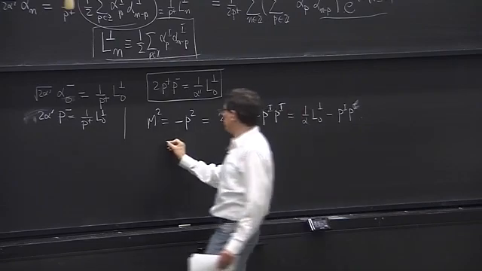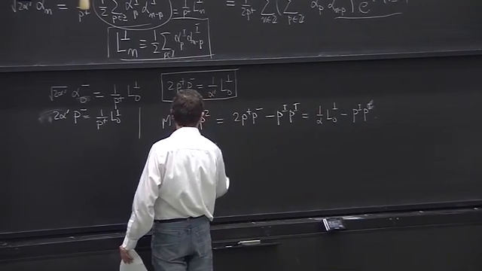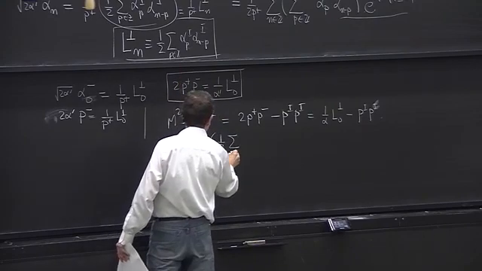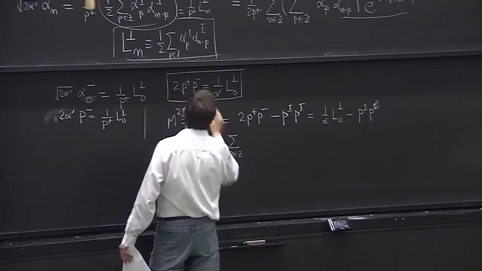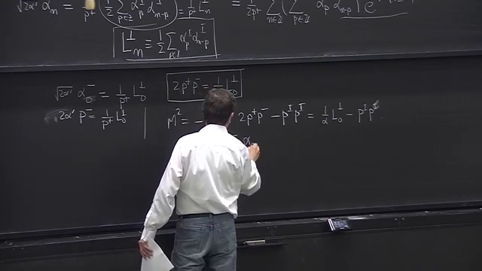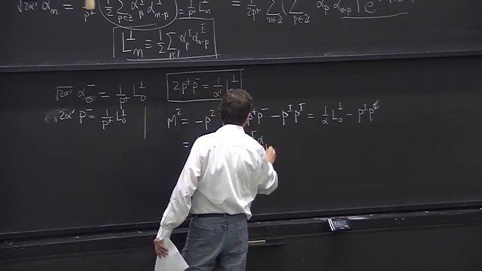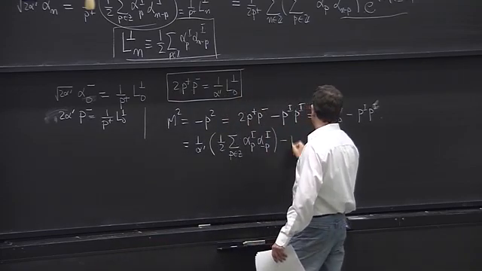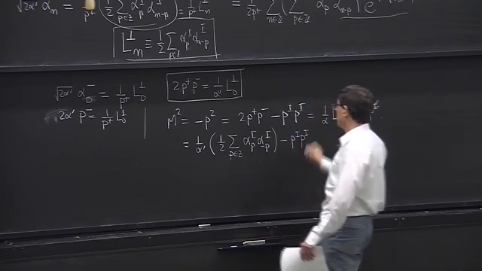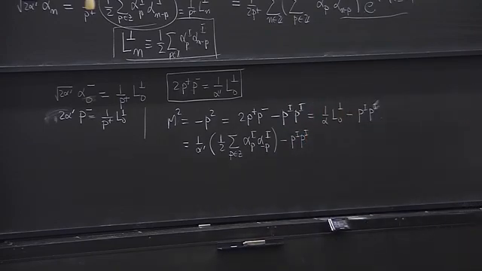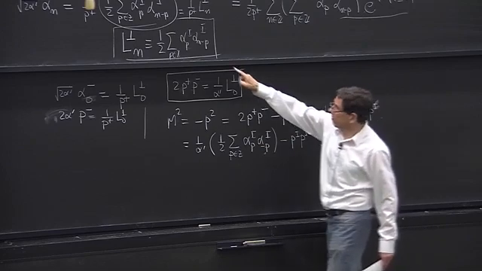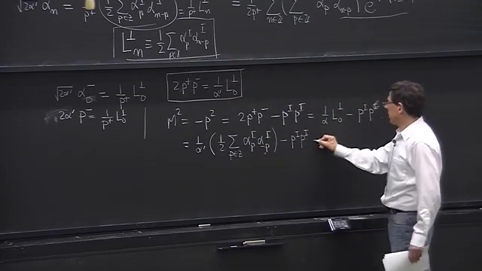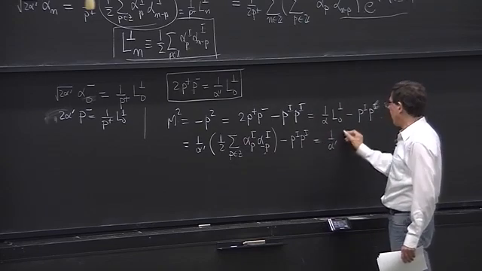Well, I need to look at this L0 perp in more detail. That's 1 over 2 sum over p of alpha p i alpha minus p i. That was for n equals 0. Let's write this out a little more. So it's 1 over alpha prime.